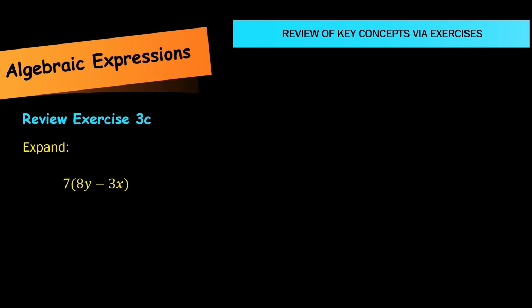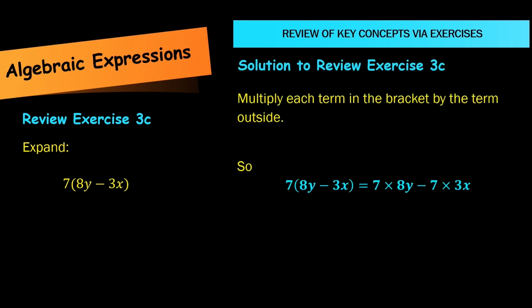Expanding 7 times 8y minus 3x for exercise 3c, we have 7 times 8y is 56y, and 7 times minus 3x is minus 21x.